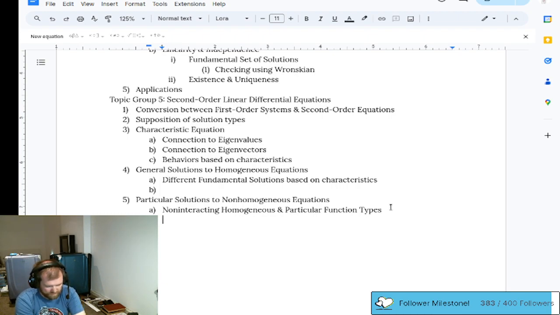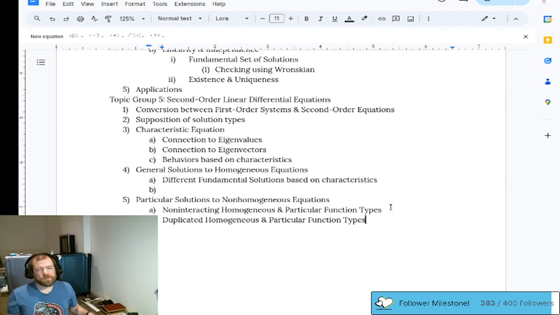Alright, so then we've got the duplicated ones, which are homogeneous and particular functions, and we've got to somehow come up with these things.